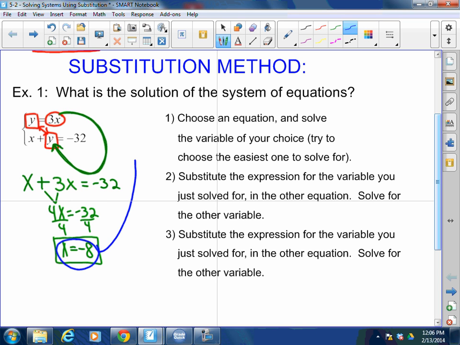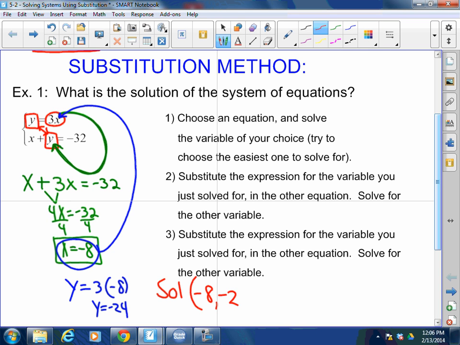Can't I plug that into this x right here? Yes. So now I have y equals 3 times x, which is negative 8. Y equals negative 24. My solution: negative 8 comma negative 24.